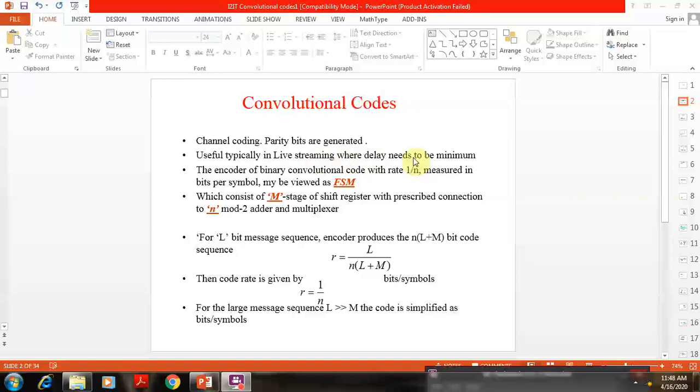needs to be minimum. We have discussed linear block codes and we have so far discussed cyclic codes, typically BCH and RS codes. So if you recall the method of code word generation, if it is linear block code, you generate code word by multiplication of message and generator matrix. And in case of cyclic code, we generate a code word polynomial using multiplication of message polynomial and generator polynomial.